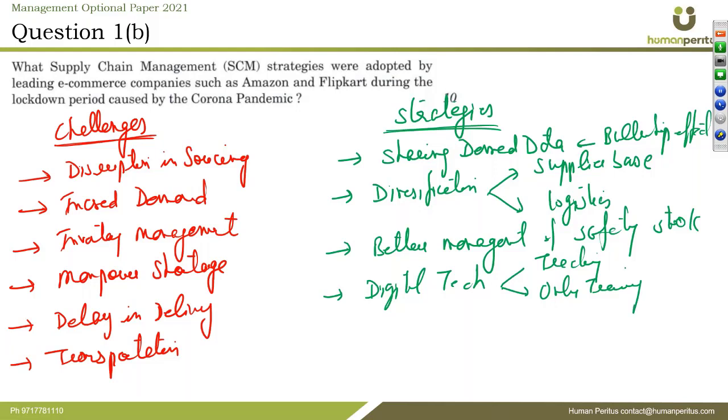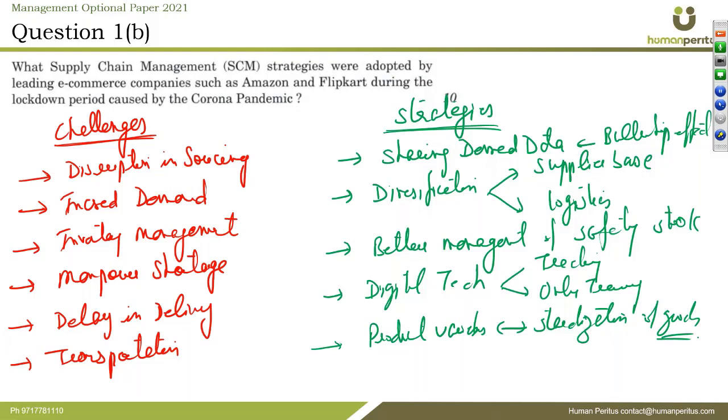So training itself was a challenge. Then of course there has to be a better trade-off between product variety versus how much standardization we want to adopt and how much product variety we want to offer.